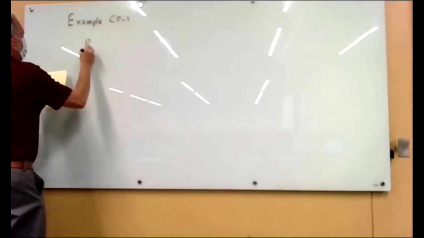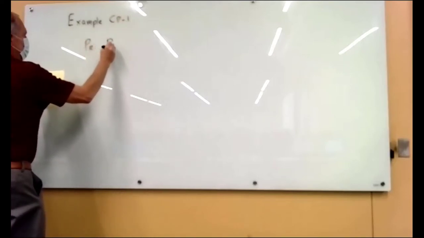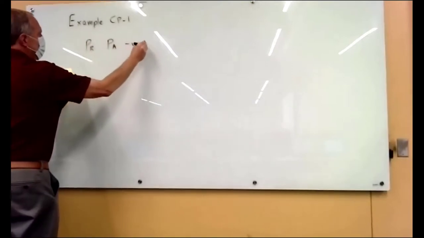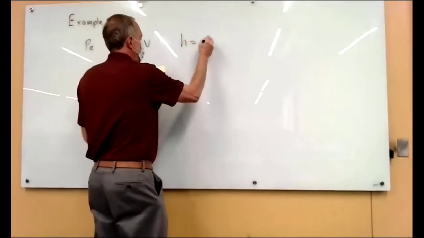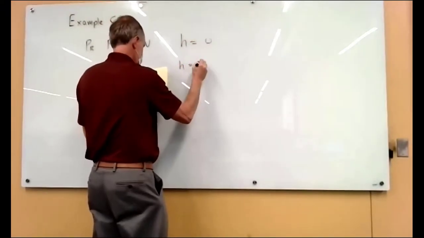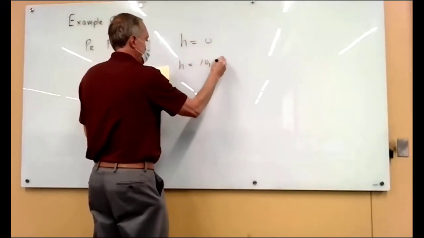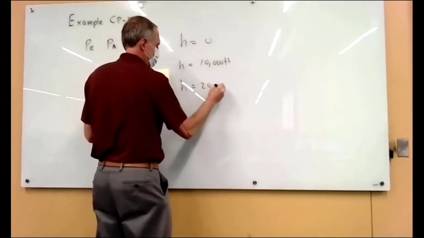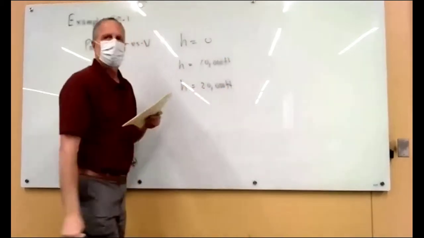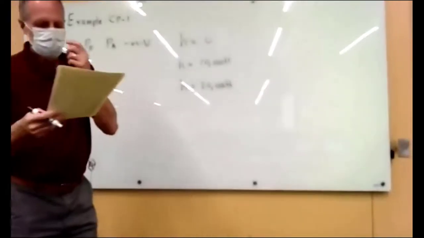So we're going to plot power required and power available versus velocity at sea level, 10,000 feet, and 20,000 feet. And so what we need is the density.